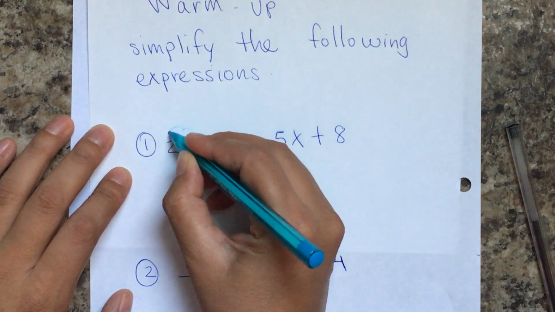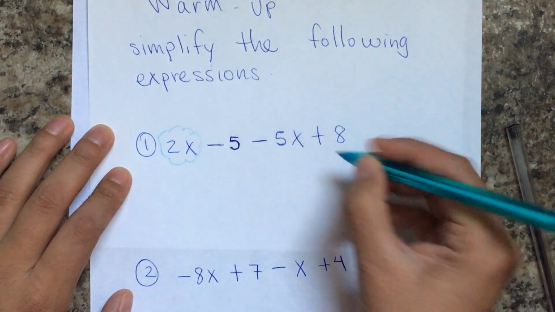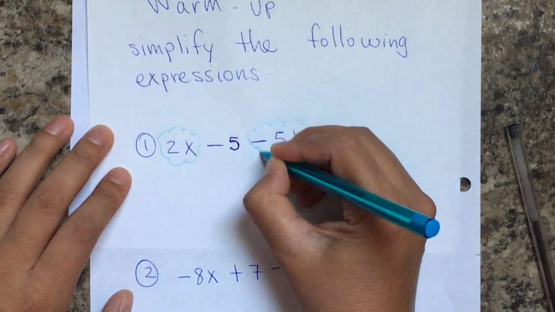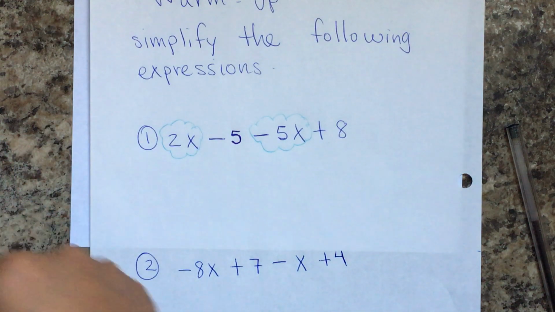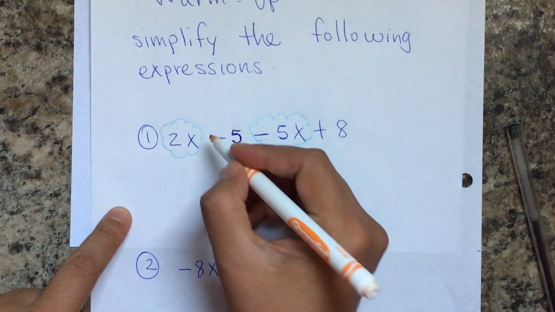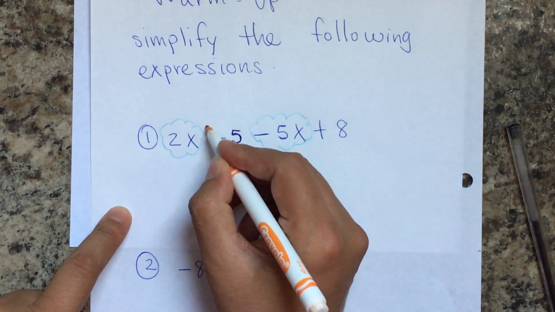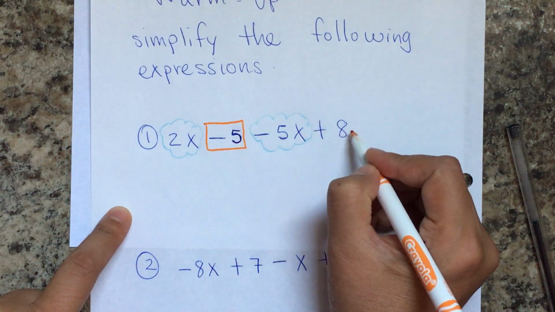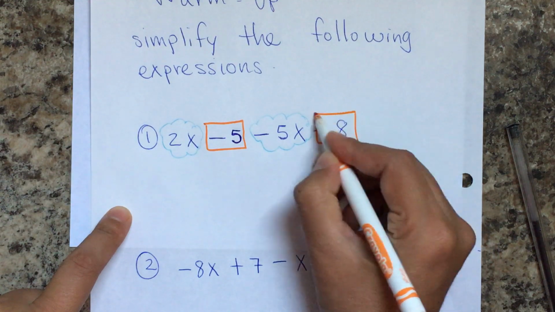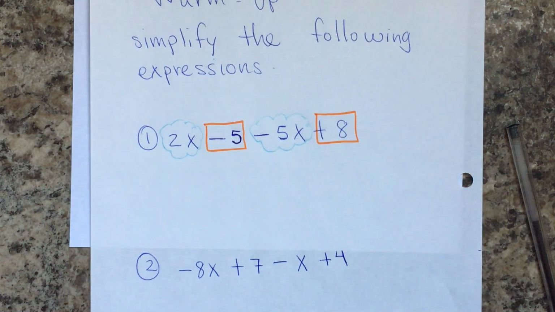Okay, and so in here we see that we have 2x and we have negative 5x. So those two are like terms. The other one that we have, in here we don't have a variable, meaning this is a constant number, and this one doesn't have a variable, so those are like terms as well because they have no variable.